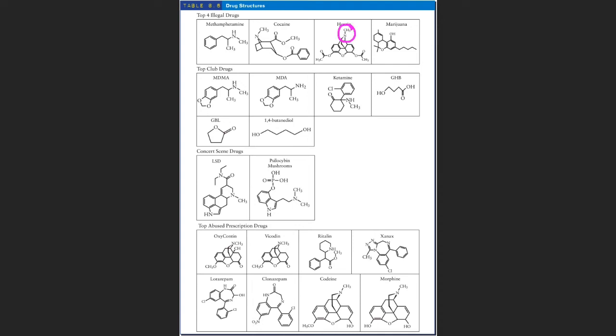This is an amine, a nitrogen attached to a carbon is an amine. Also in heroin, we have an alkene, it's carbon-carbon double bond right there. And then we have this set of 3 carbon-carbon double bonds, all equally spaced in a 6-membered ring. That's an aromatic group.